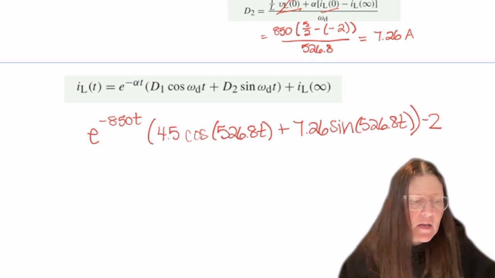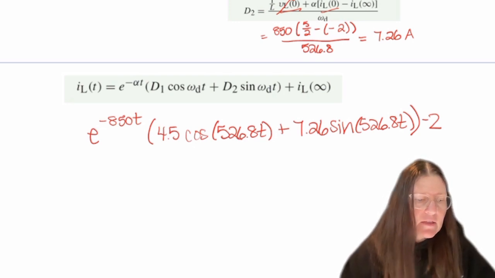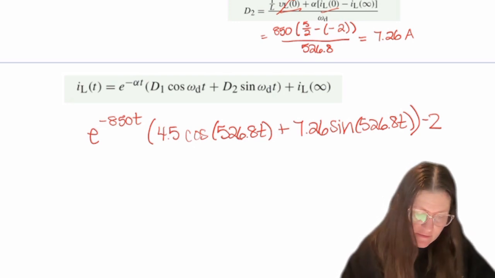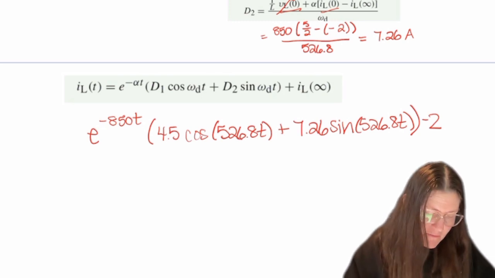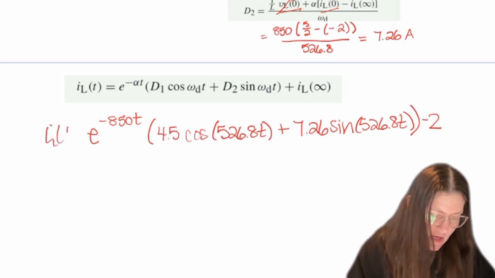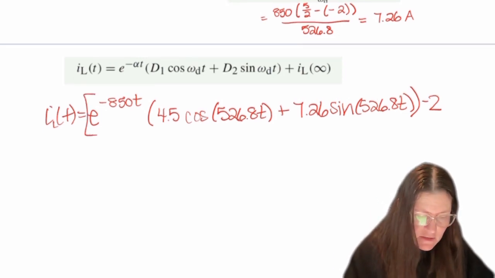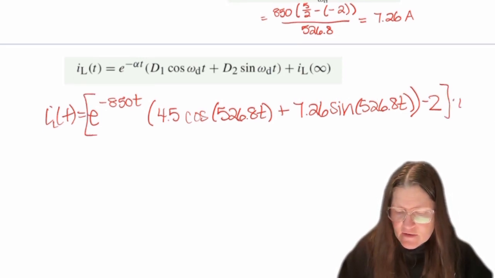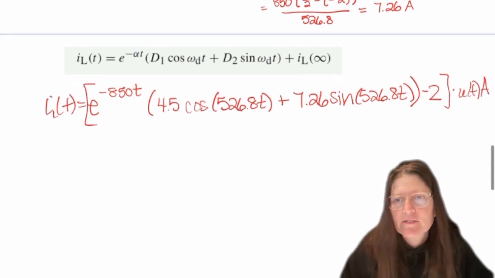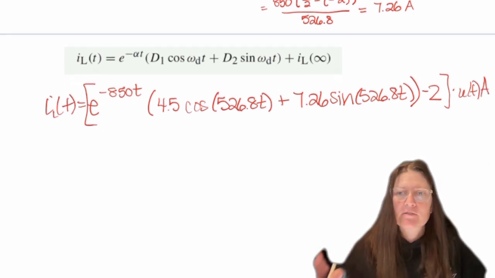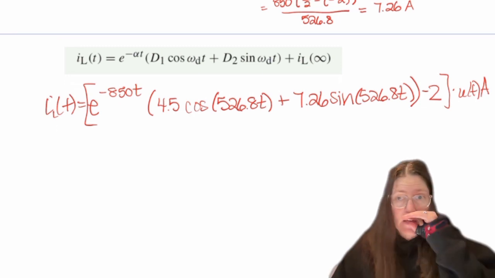And then we can say that this is IL of t, and then multiply that by U of t. So this whole thing would be times U of t. And this is in amps. Or you can say this equation is valid for t greater than 0.